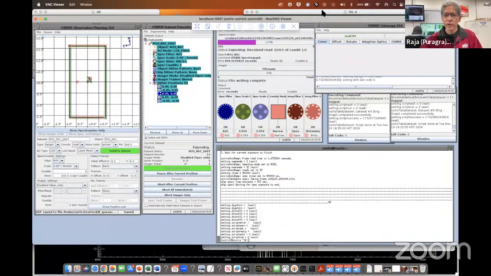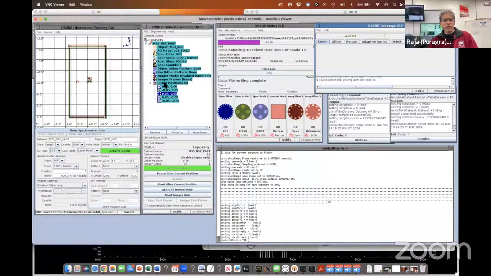So folks on Zoom, what we're doing is called a BXY5 pattern. If you think of a pattern of 5 on the face of a die, there's a dot at the center and 4 dots in the 4 corners. If you think of where we're pointing the telescope, we're forming a pattern like that. We're taking a pattern of 5 images, and this is called a dither pattern, where we're moving the telescope by a small amount. The amount is 0.05 arc seconds, so it's 1/20th of an arc second.